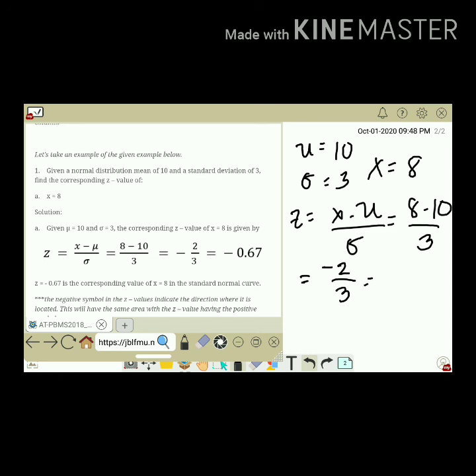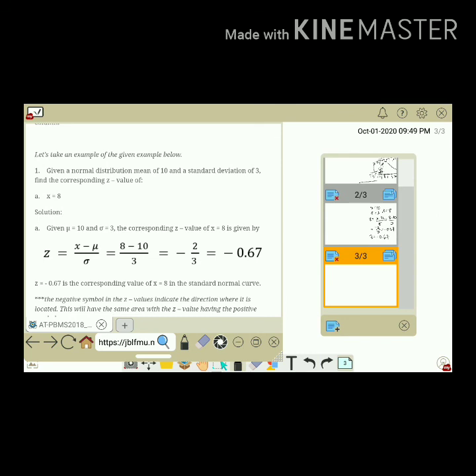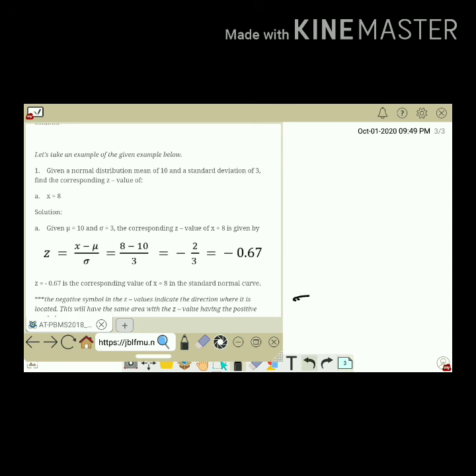And that is a continuous decimal, that is -0.6666 or -0.67. That is your z value, -0.67. Okay. So when we say -0.67, for example, we have your normal curve.